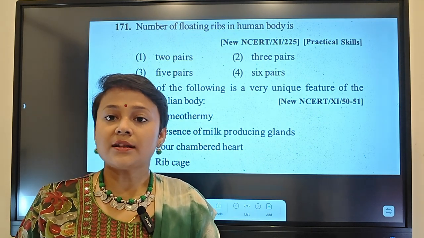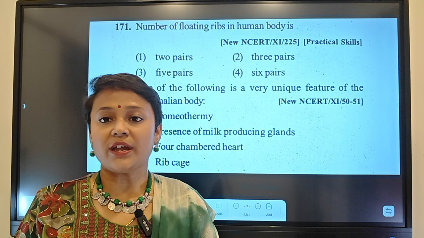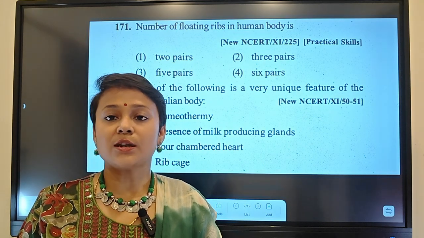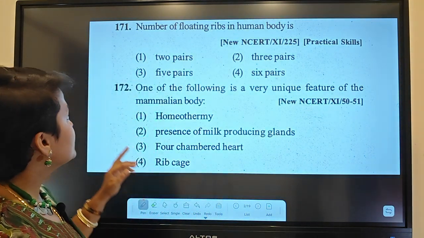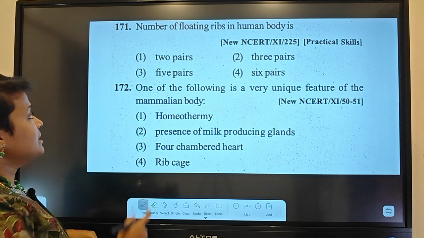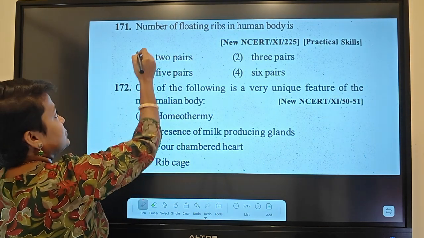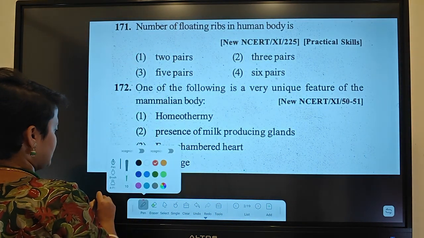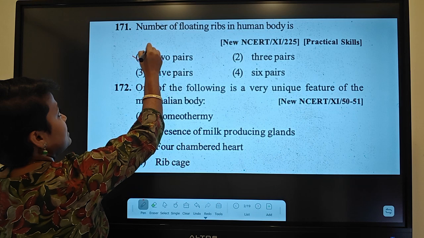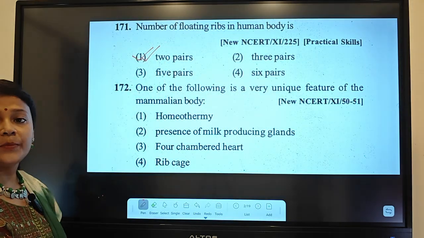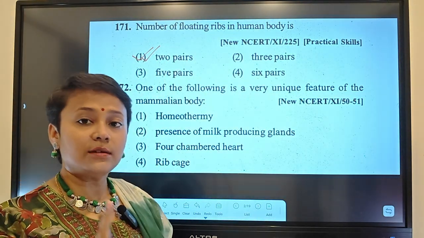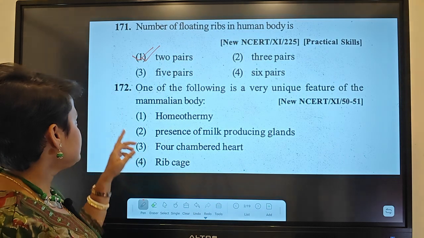They are ventrally not joined to anywhere. That's why they are called floating ribs. So the answer will be 2 pairs, the 11th and 12th pairs.